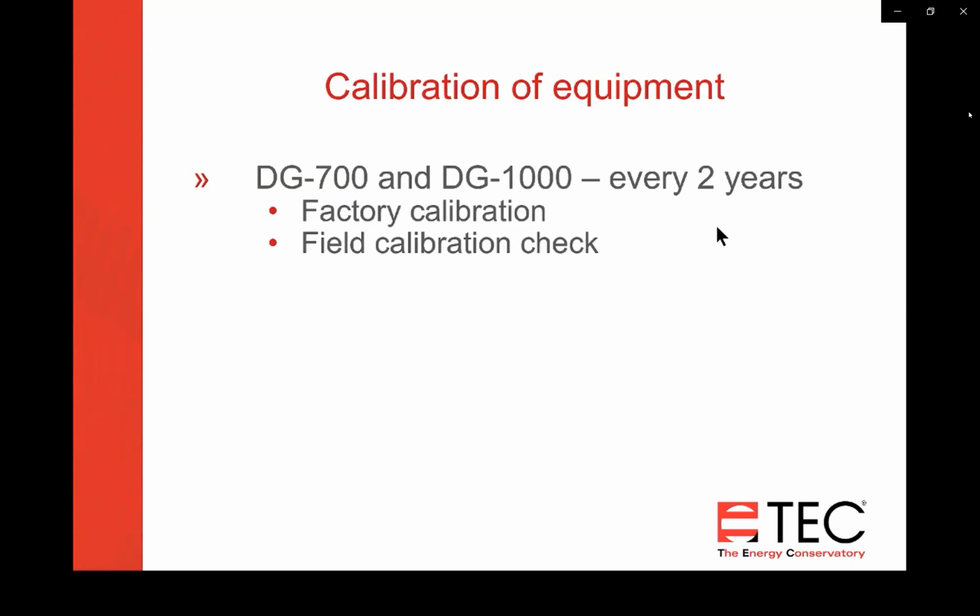So if you have a record of that, you can do that. I do recommend that you use our TECLOG software when you're doing that field calibration check, because what that does is it recognizes your gauge serial number and the date of calibration. And it's a graphing software.